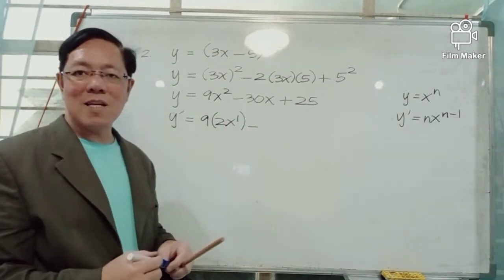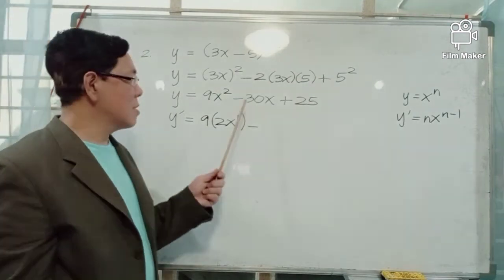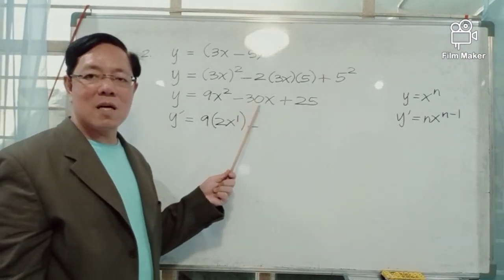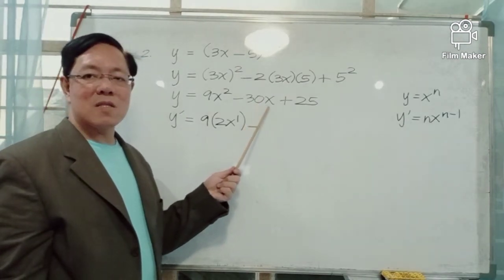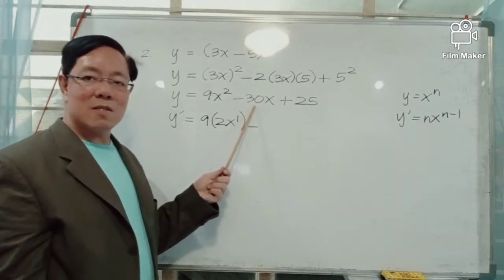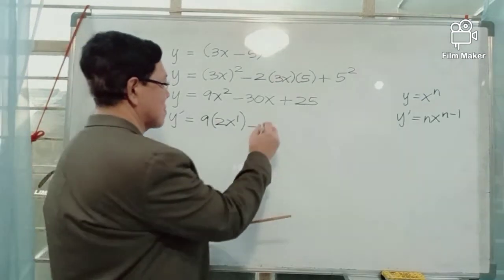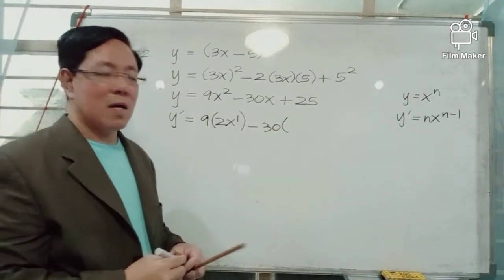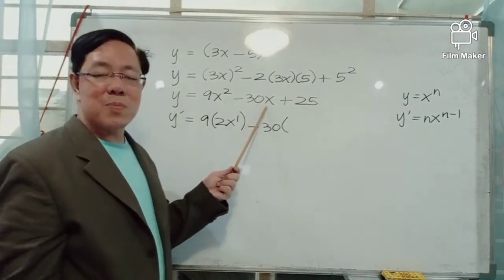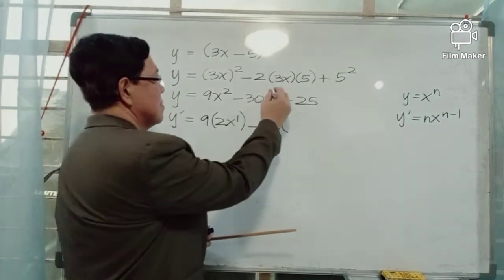Again, we apply the second theorem for differentiation. Derivative of a constant times a function is equal to the constant negative 30 times derivative of x. Here the exponent of x is 1.